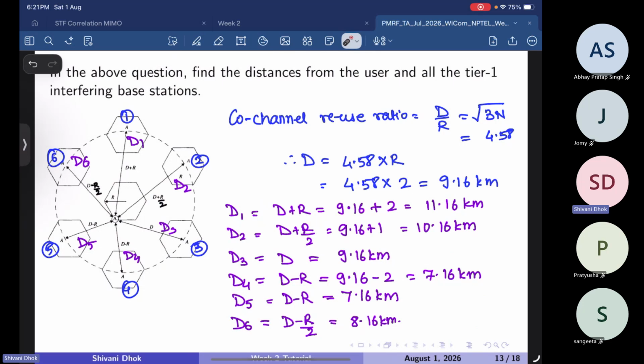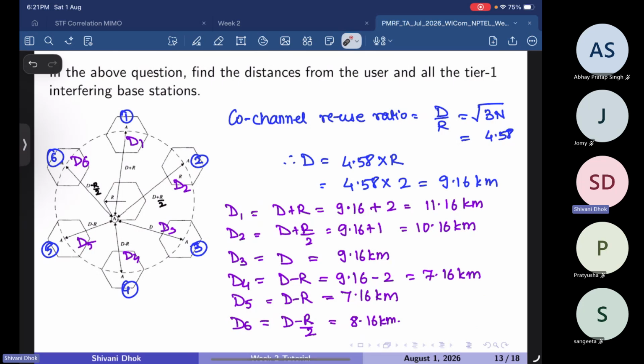But in order to find these 6 values, we need to know 2 quantities, that is your d, the distance between the base station and its adjacent co-channel interfering tier 1 base station, and the cell radius. Cell radius we know, it was given in the question, but what we didn't know was the value of d.